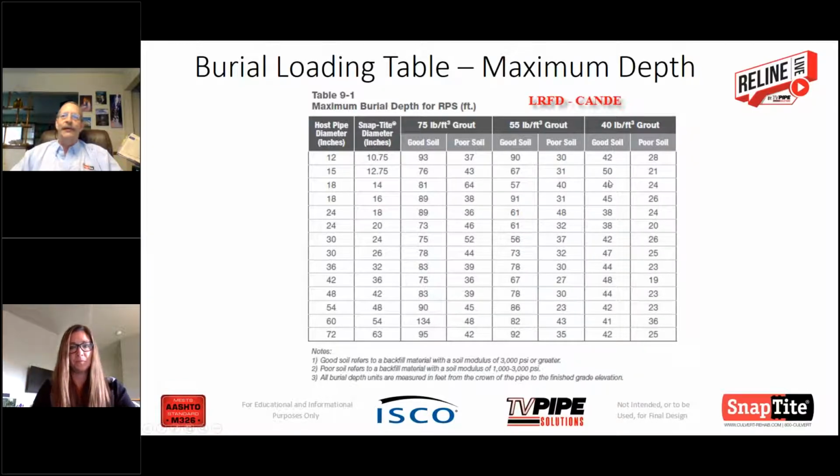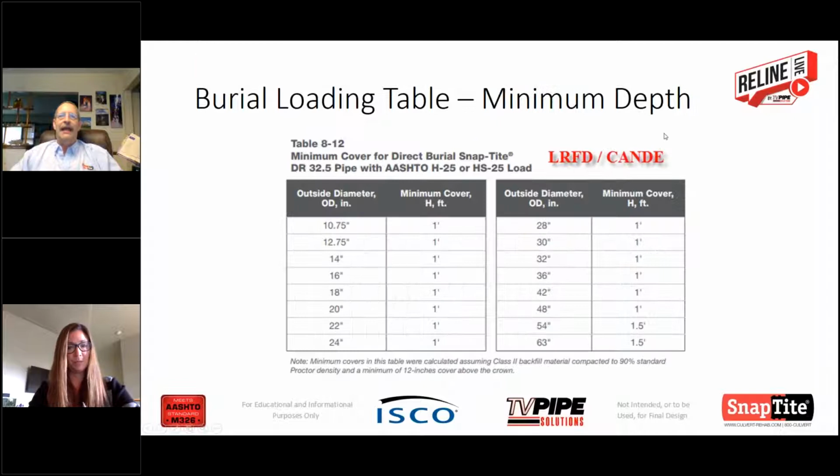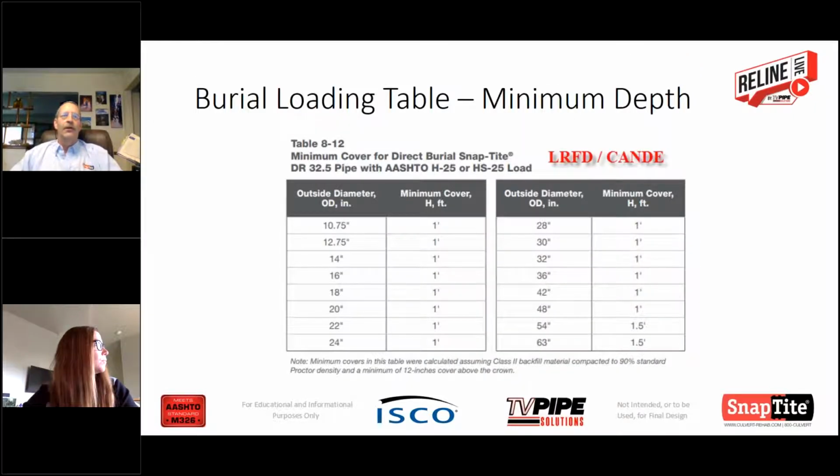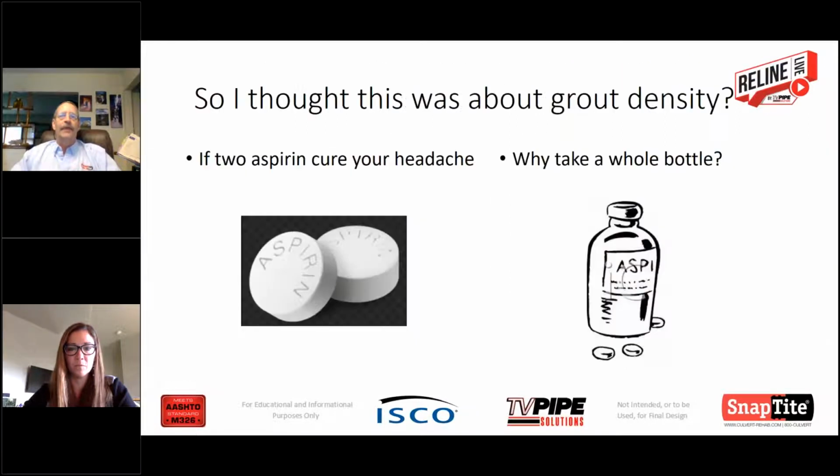Most of the applications we enter are less than 50 feet deep. They're 25 to 50 feet deep. And for those applications, the analysis from CANDE and from LRFD shows that we have the capacity to meet those demands. When you look at shallow burial and the ability to handle the traffic loads, again, 1 foot to 1.5 feet of burial above the top crown of the host pipe is all that we need to have sufficient capacity to handle those demands.